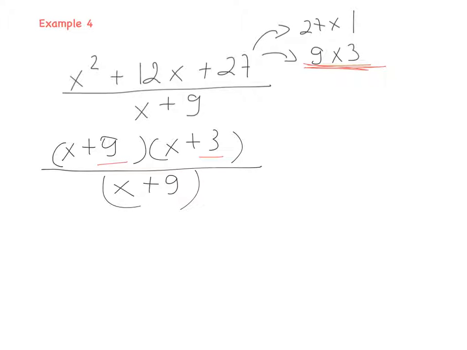Now, do we have something common on the top and on the bottom? Yes, we have x plus 9, cancel out, and we're left with x plus 3. Okay, so this really complicated looking fraction equals x plus 3, but we just need to be able to factorize it and simplify it, okay?